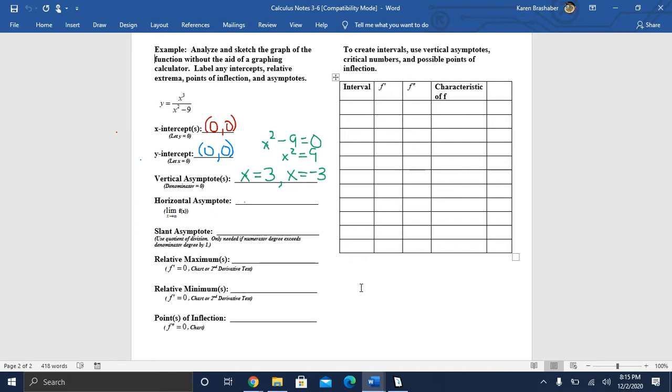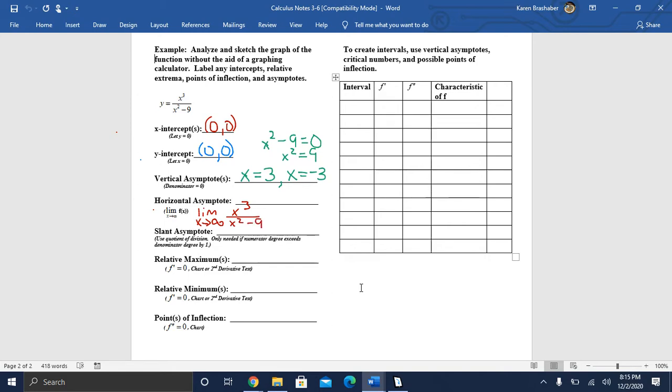All right, then horizontal asymptotes. This is the lesson that we worked on last class. And you want to do the limit as x approaches both positive and negative infinity. We can see that we'll have the limit as x approaches infinity. We have the degree 3 in the numerator, so x to the third, and a degree of 2 in the denominator.